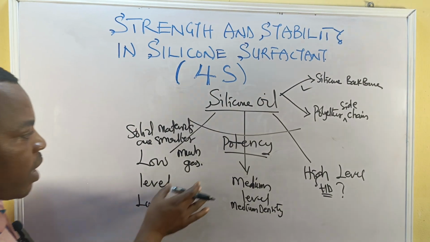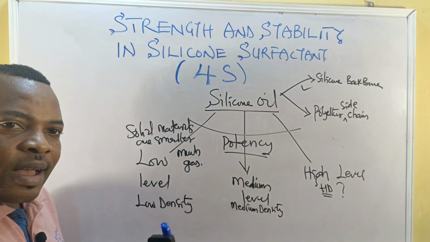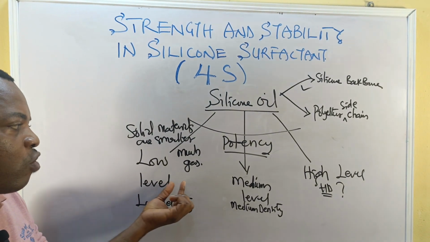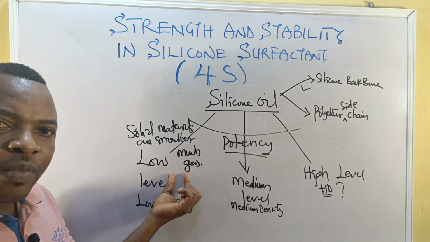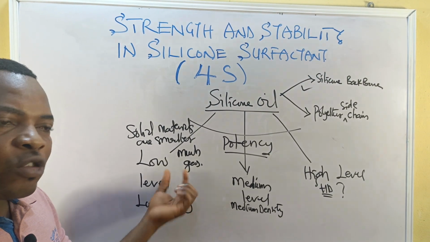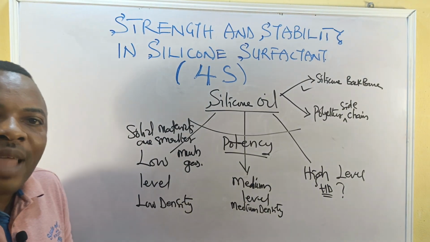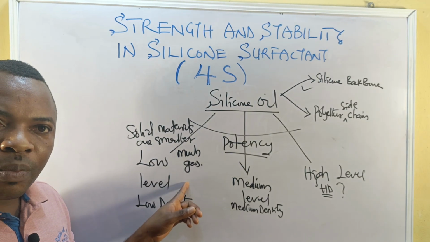So you need a very low stabilizing process because the gas is already there. The bubble here will be a bit higher, so you are not adding higher to higher. You need a low stabilizing level silicone to be used in this production.